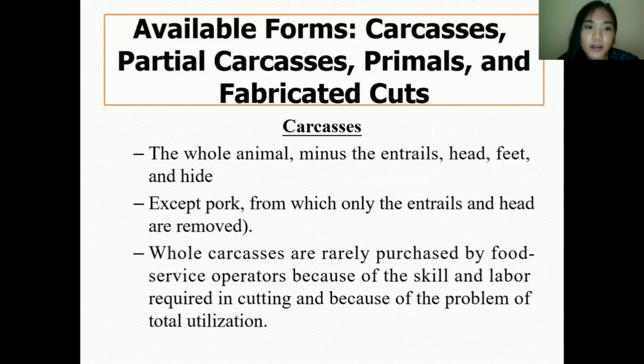Many local breeds have hides with attractive or unusual colors and patterns, making them ideal for distinctive leather for handicrafts. Pork is the exception, from which only the entrails and heads are removed. Whole carcasses are rarely purchased by food service operators because of the skill and labor required in cutting and because of the problem of total utilization.